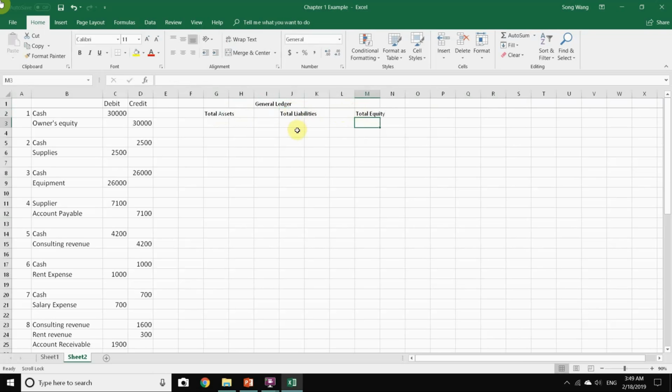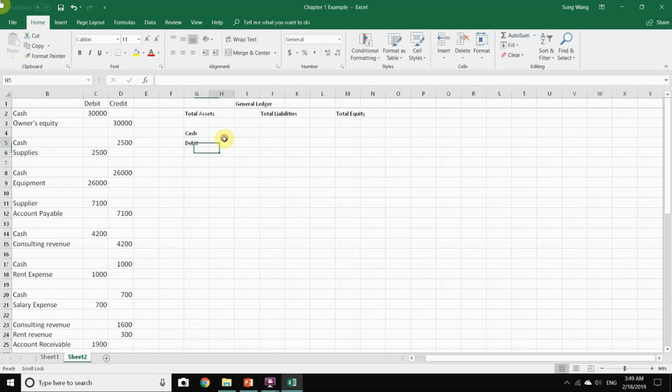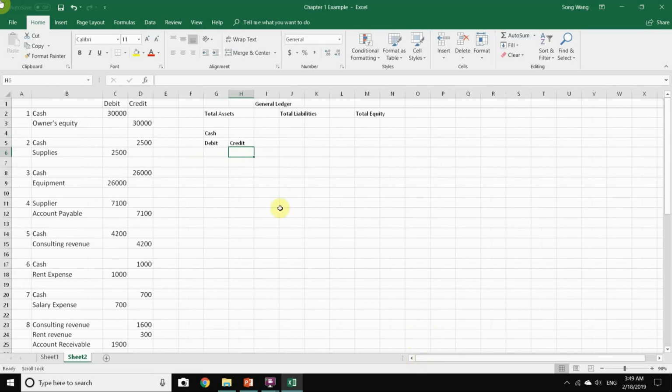All right, so which items mentioned here belong to total assets? Well, definitely you have cash. And under cash, you should have a debit, and you should have a credit. All right, and there are a lot of activities here.